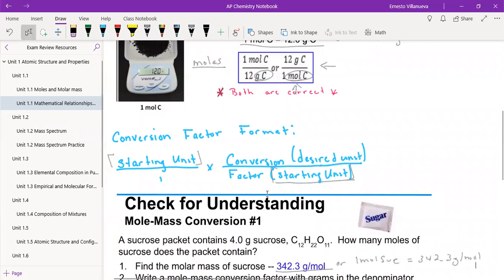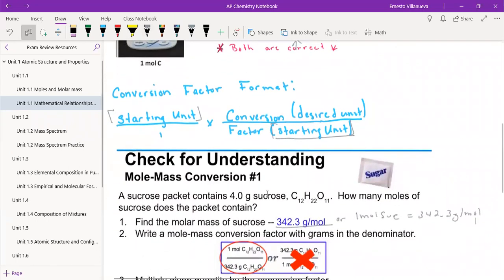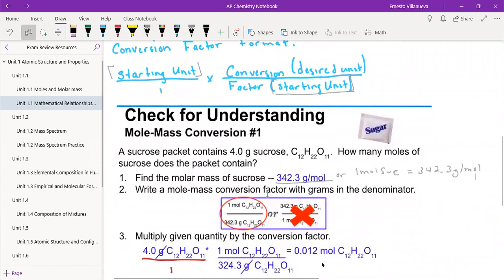Now we're going to use that and we're going to convert. All right. We have the same setup. So if we have 4 grams of sugar, we're going to put that over 1, just like we did here. And then we have to figure out which one of these conversion factors we're going to use. So in the example that's already been done for you, you can see that if you have grams at the top, you need to make sure you have grams at the bottom.